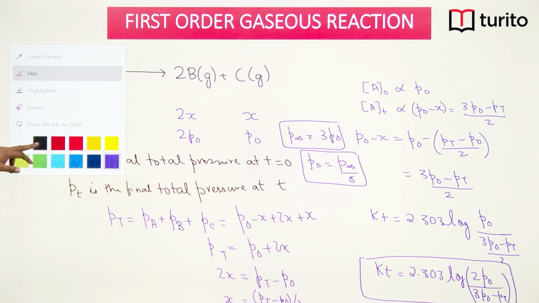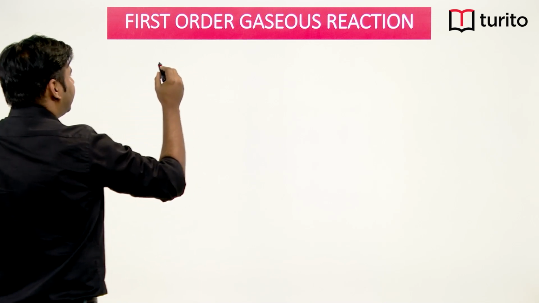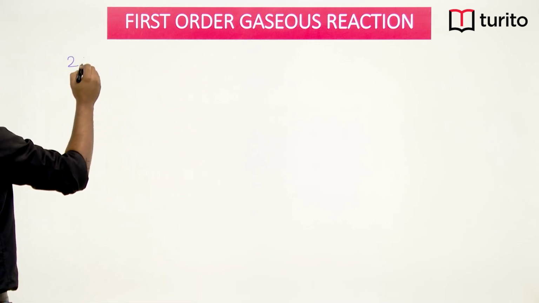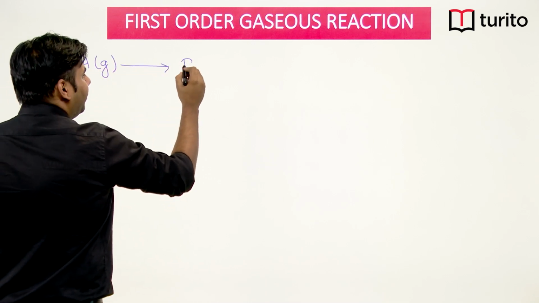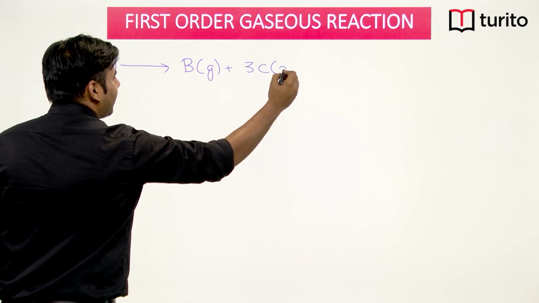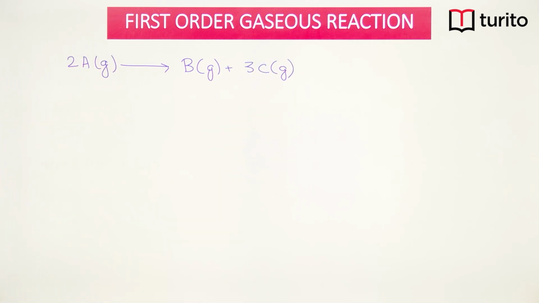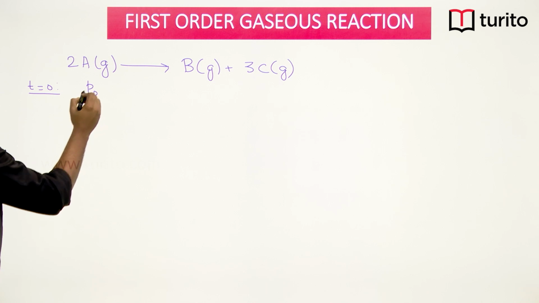Now let us consider one more example. Suppose we are having a reaction something like this. Suppose we have 2A gas changing into B gas plus, suppose, 3C gas. Now let us assume that at time t equals 0, the initial pressure of A was P naught.